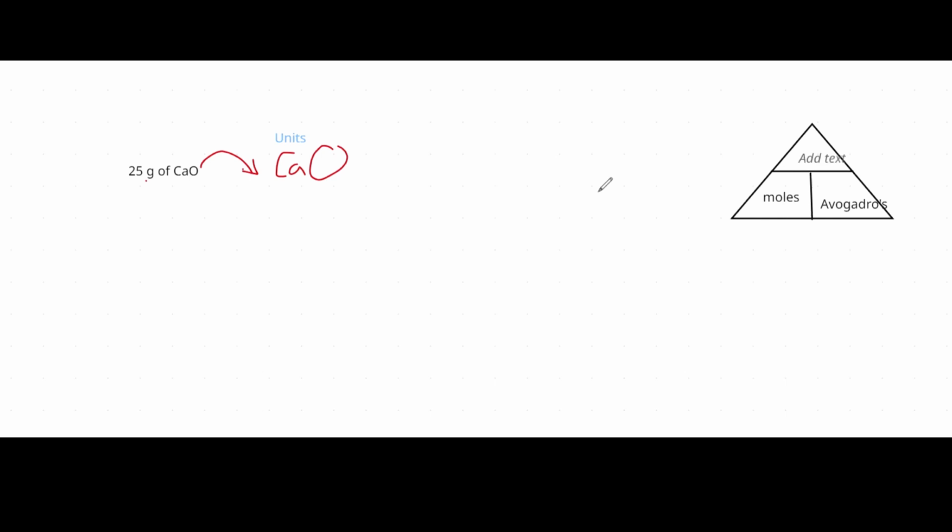What we need to know now is the number of units. How can we get the number of units? We need to know how many calcium oxides are in these grams. How can we know the number of units from this triangle? So units will equal moles times Avogadro's number.